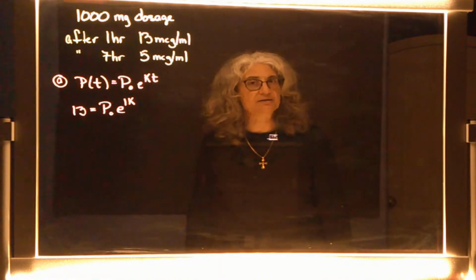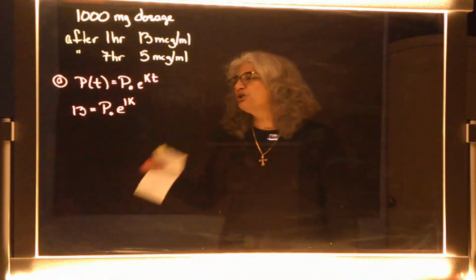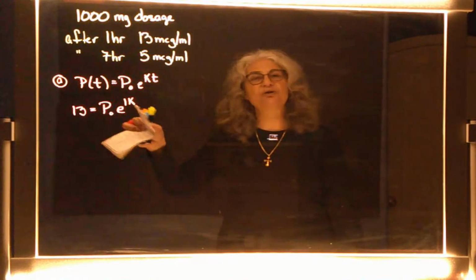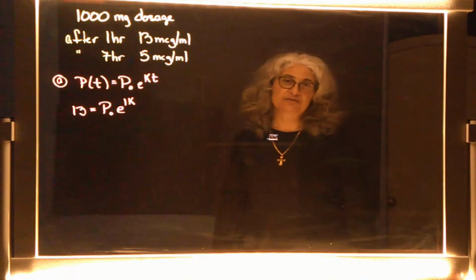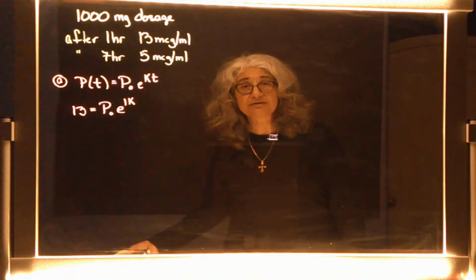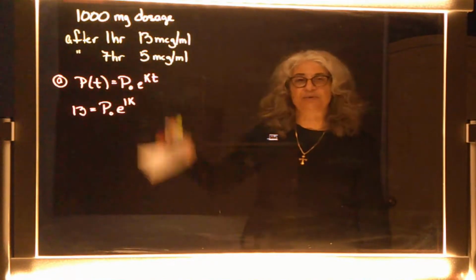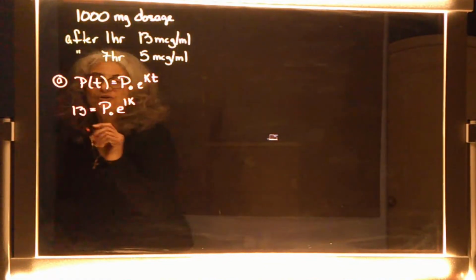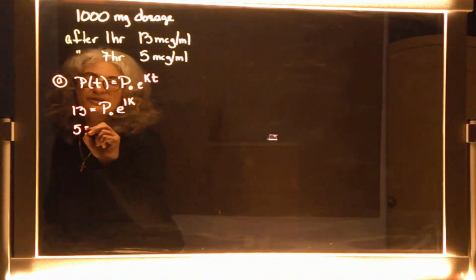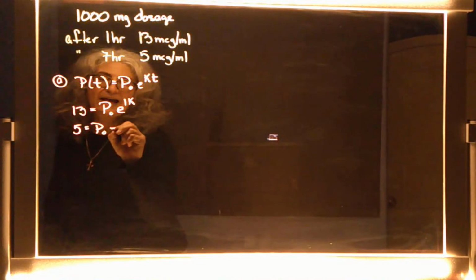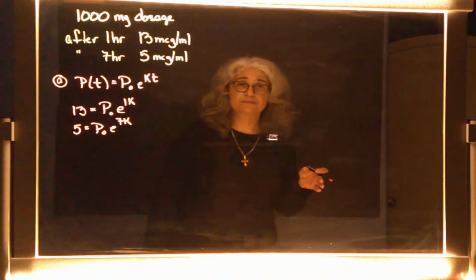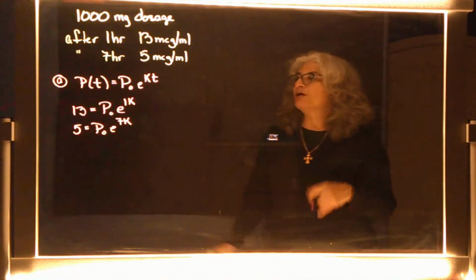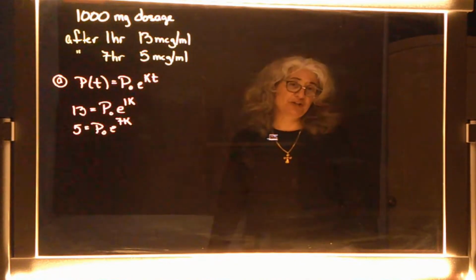Algebraically, two unknowns means I need two equations. My second equation is going to be the second piece of information: I know that I have 5 micrograms per milliliter left after 7 hours. Cool? Okay, so now I have two equations and two unknowns.